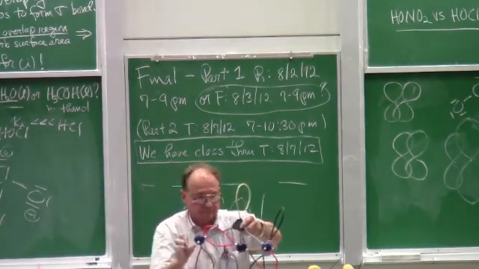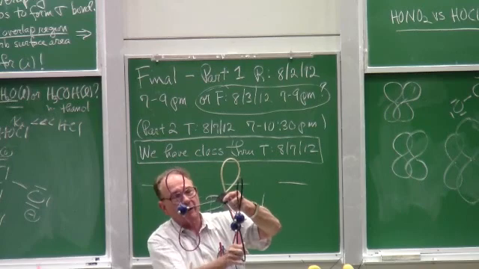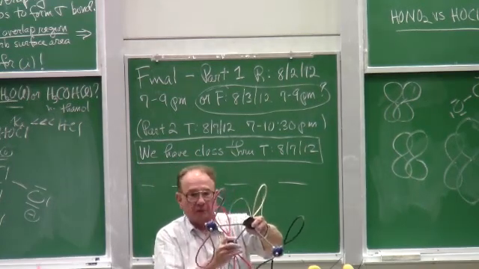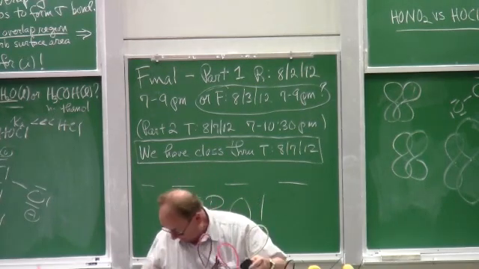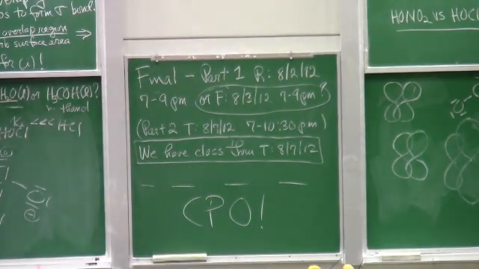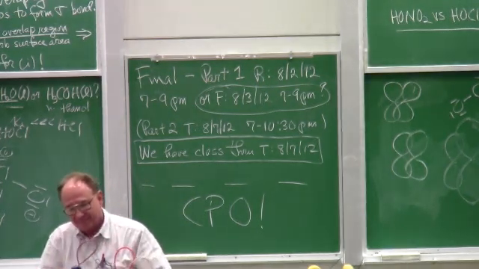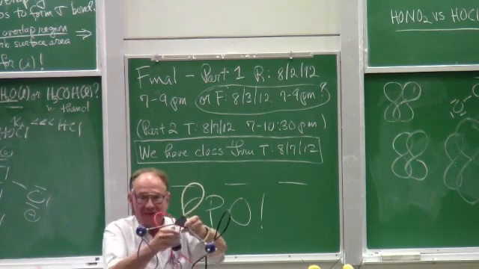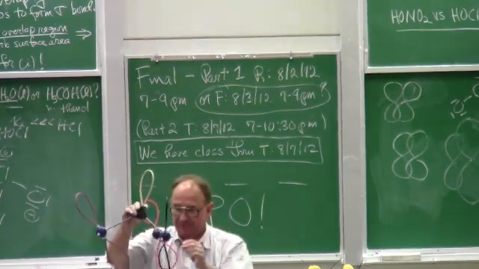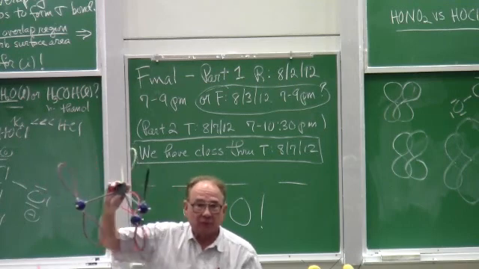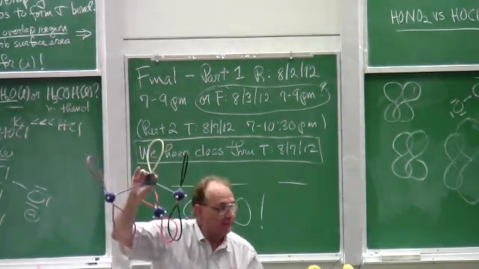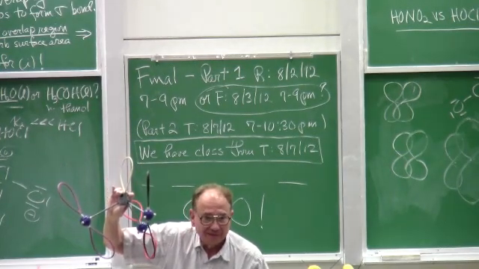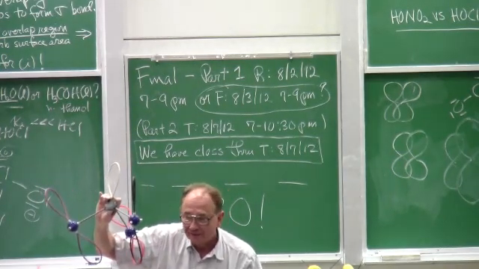I don't care how you choose to orient the lobes of the p orbitals on the peripheral oxygen atoms. For something like chlorate ion, can you get as effective orbital overlap as you can for the planar stuff? No, because this thing isn't planar.